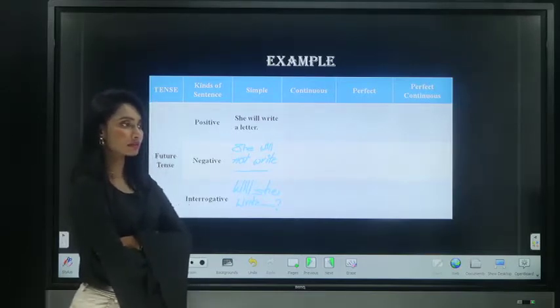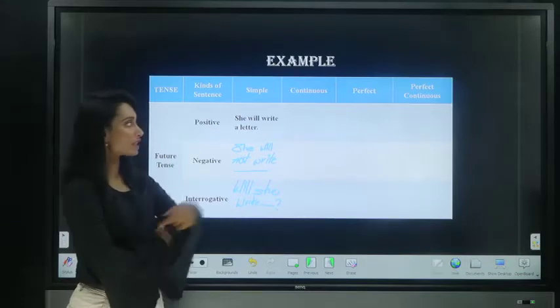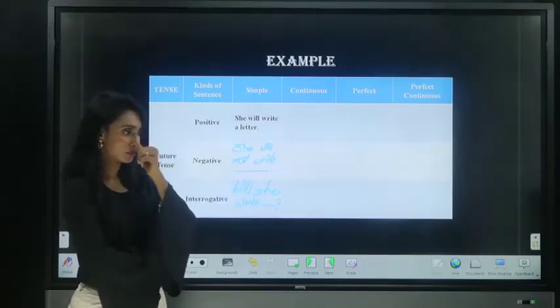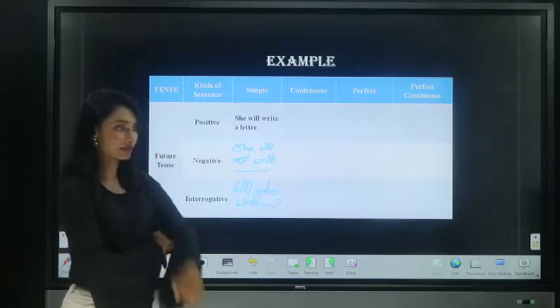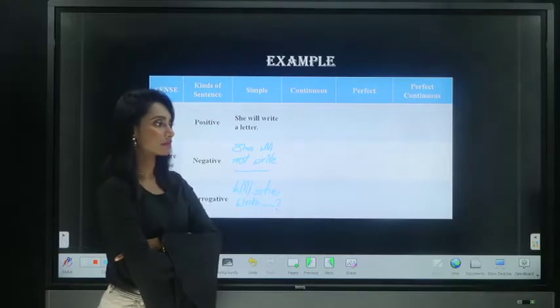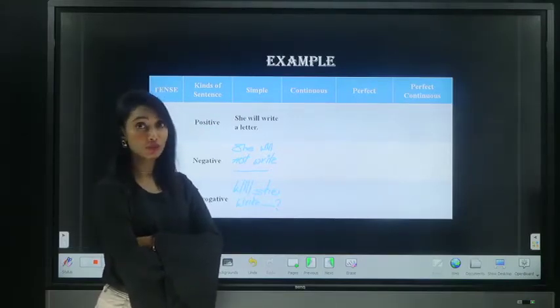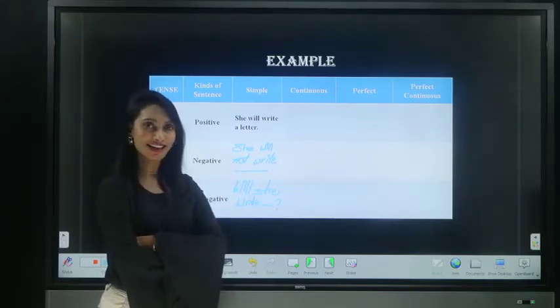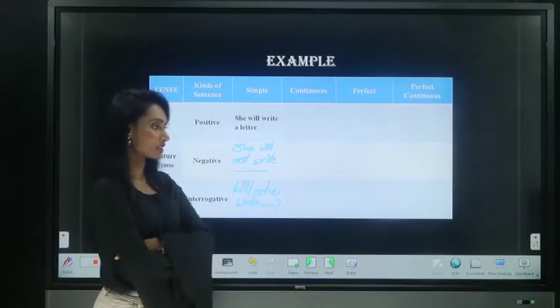Quick. Future perfect and future perfect continuous. Both. Quick. Good. She will have written a letter. So perfect means completed. Completed means have forms. Have forms means V3. Right? She will have written a letter. Good.